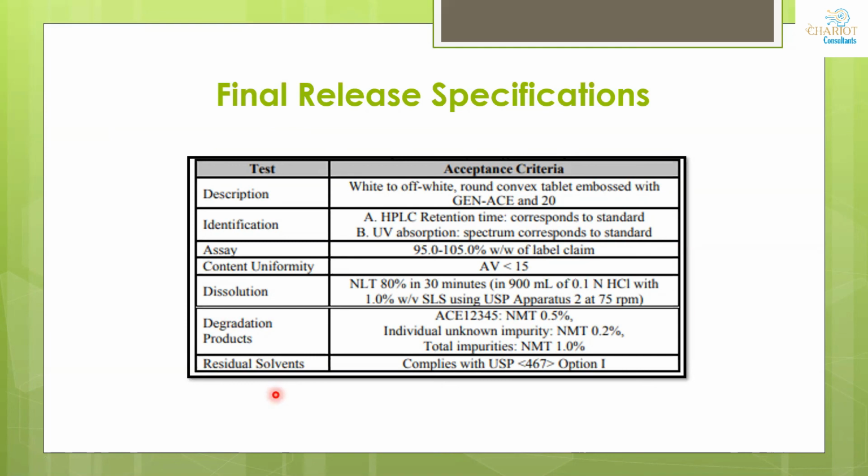Even these terms are very important for you. Not going too deep, but yes, the basics should be very clear.